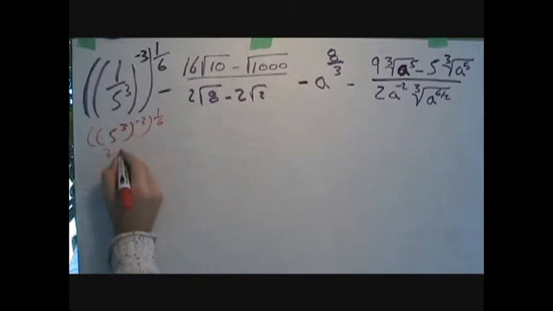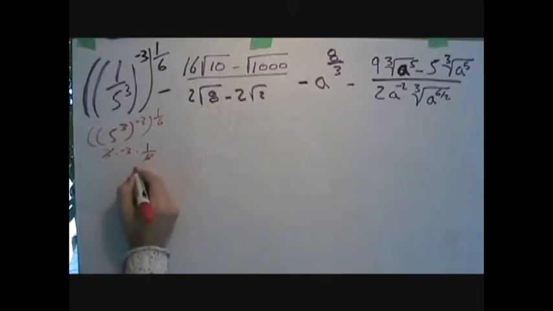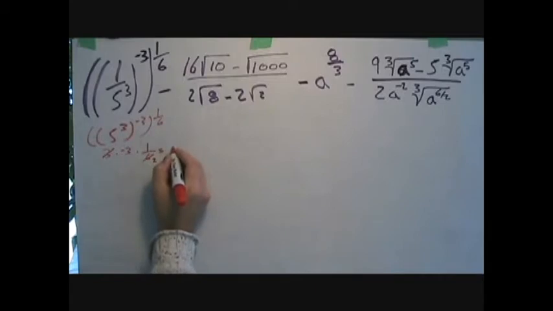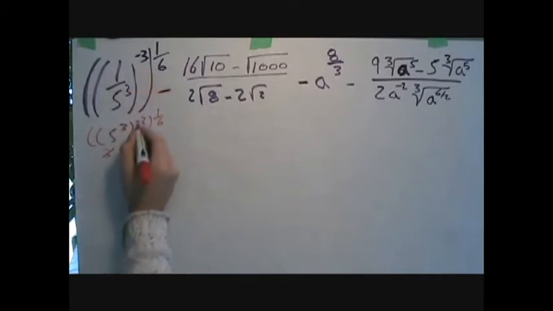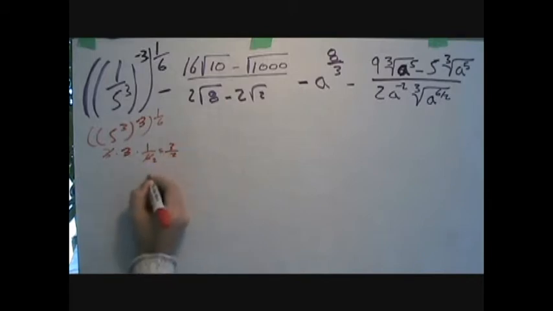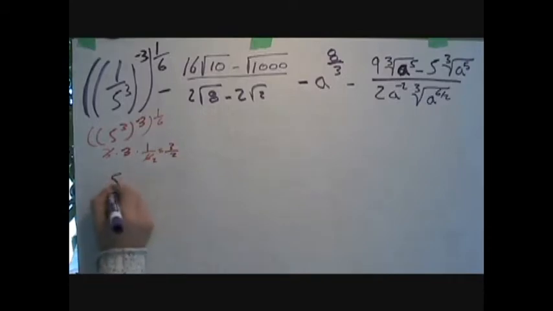So you get 3 times negative 3 times 1 over 6. 3 reduces 6 down to 2. Oh, we already dealt with the negative. Sorry, there is no negative here, right? So this becomes 3 over 2. So this becomes 5 to the power of 3 over 2.